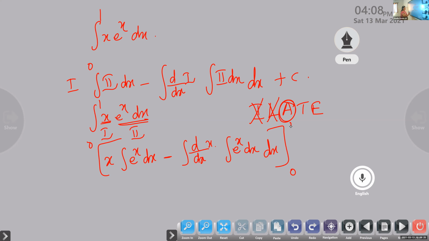So x into, what is integral of e raised to x? E raised to x, minus integral of derivative of x, that is 1, into e raised to x into dx, within the limits 0 to 1.